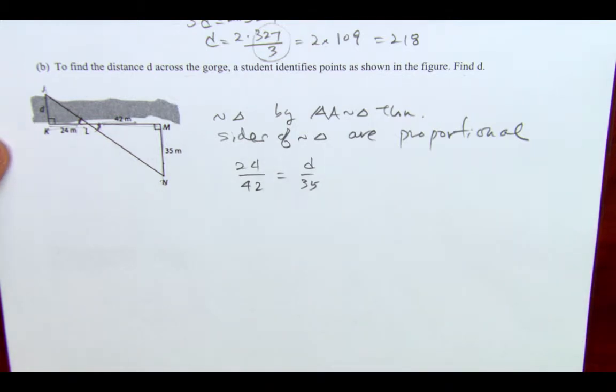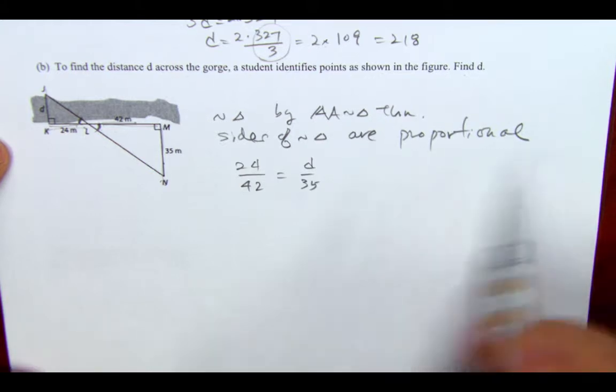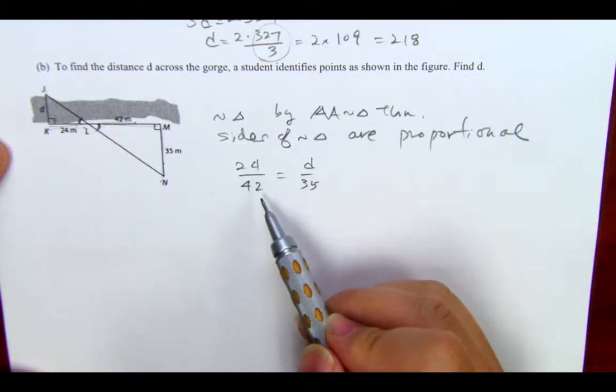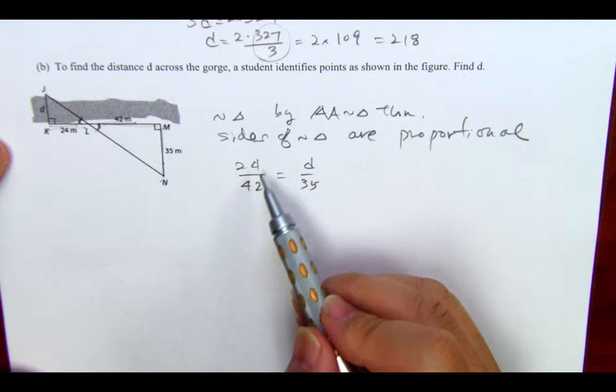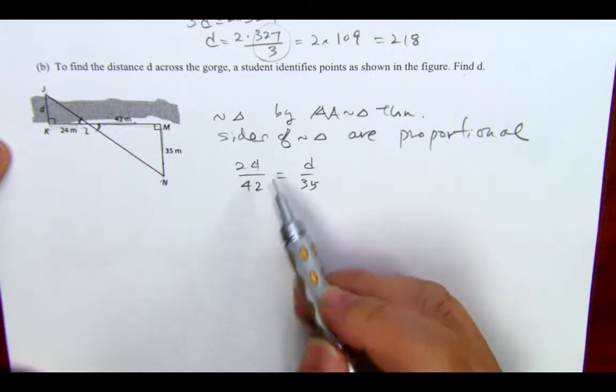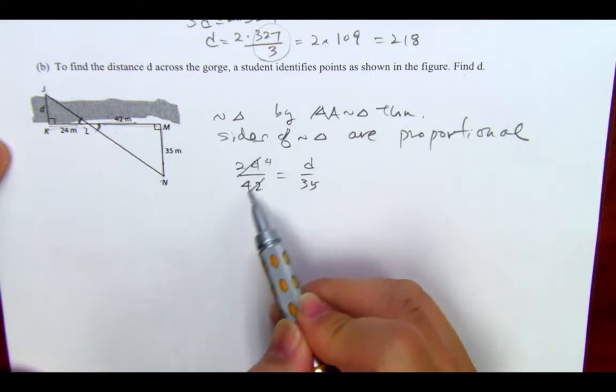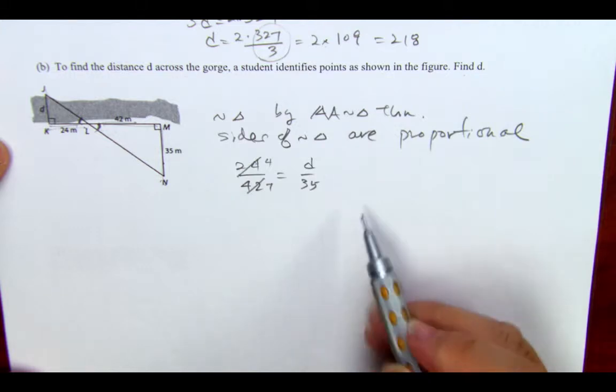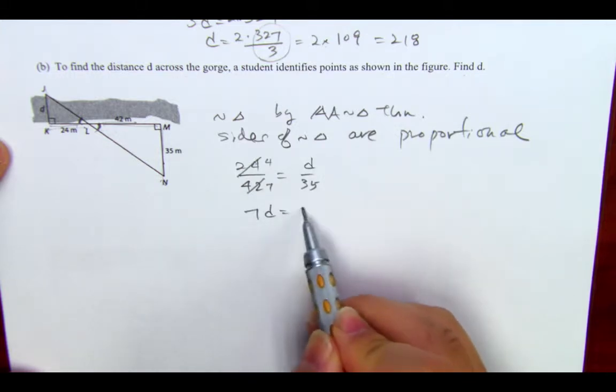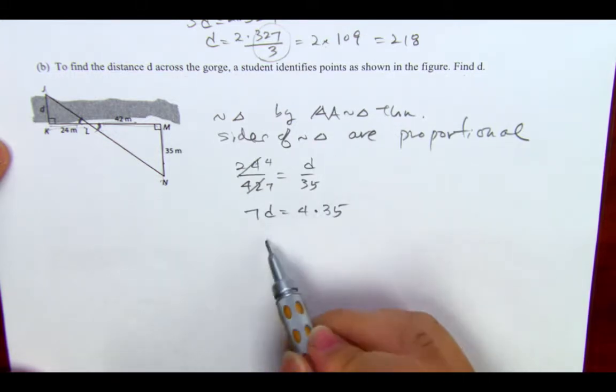Now, when we do this, once again, we probably should simplify stuff. I believe 4 goes into both of them, right? No, so 6. 6 goes in there 4 times, 6 goes in 7 times, right? That is cross and multiply, that is 7D equals 4 times 35.